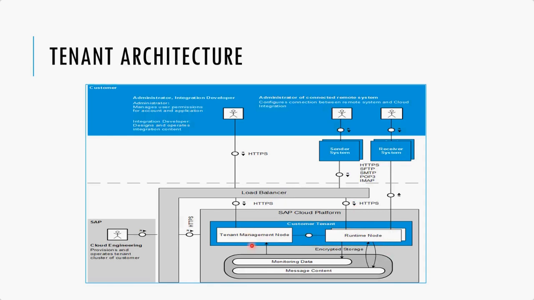Okay. So what happens is, whenever a request comes in, it gets to the runtime node. If data content is required, the runtime node will use that data content and process your whole message. Our iFlows are practically deployed on these runtime nodes.